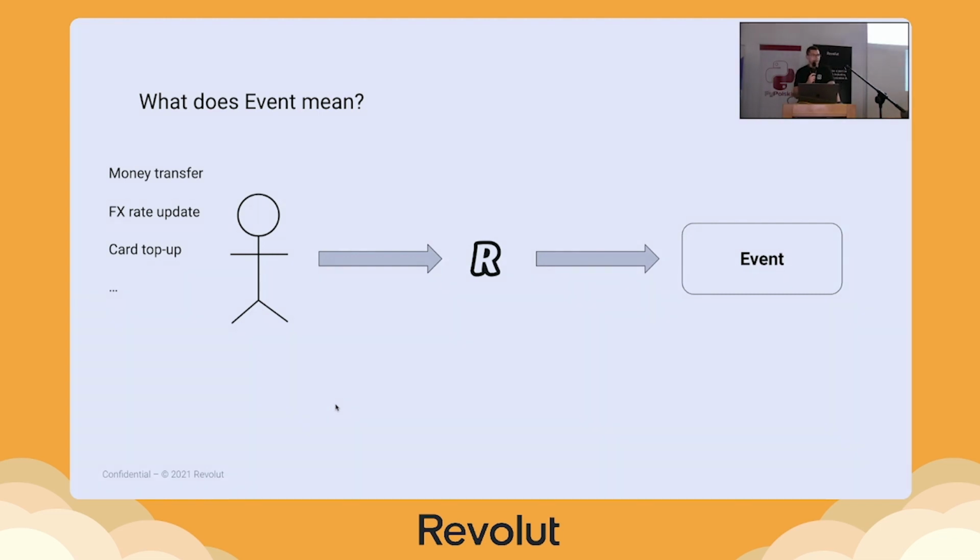What does event mean? Every time when something is happening in our system, we produce an event. It can be internal or external money transfer, a fixed rate update, user card top-up, and many more.